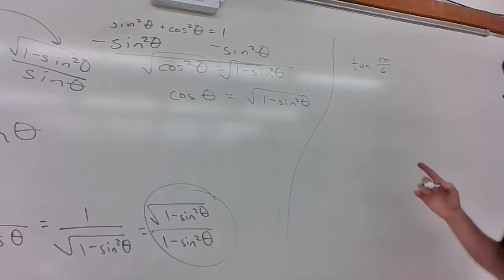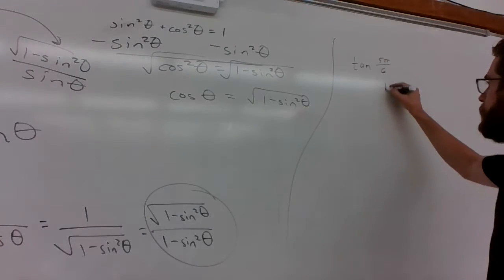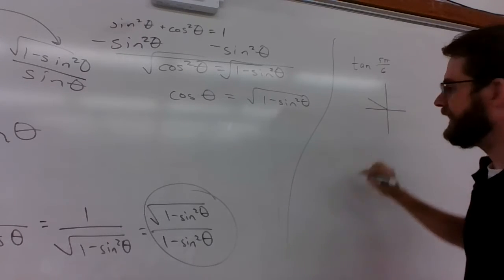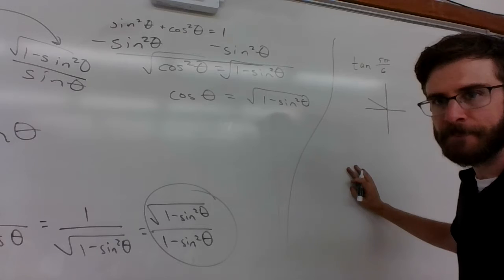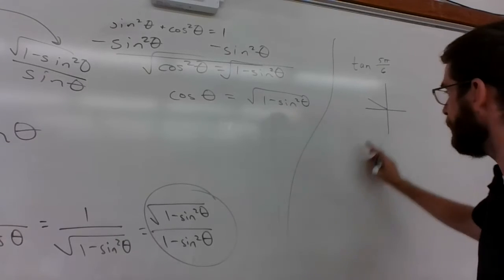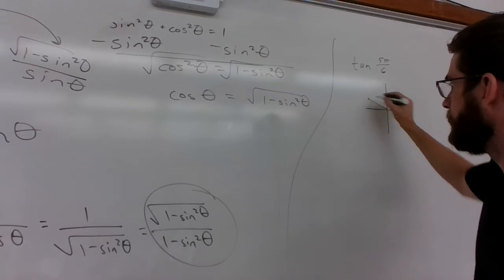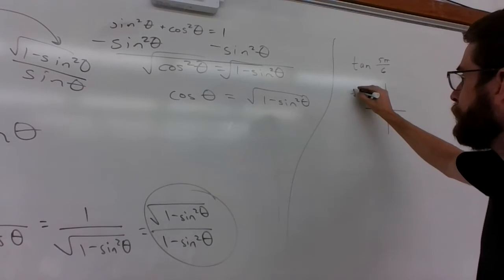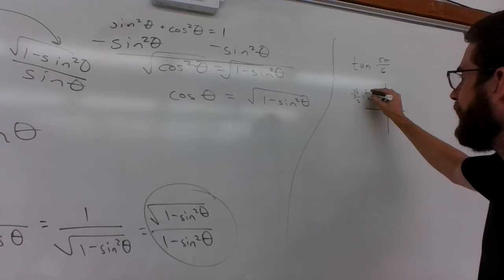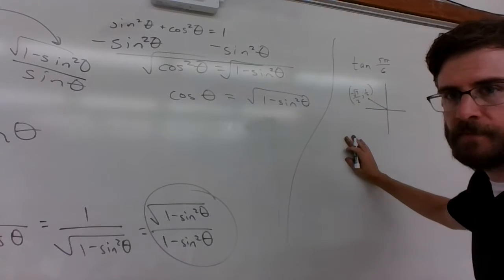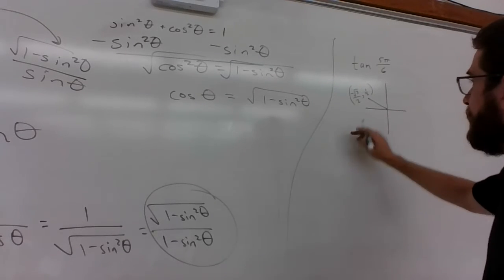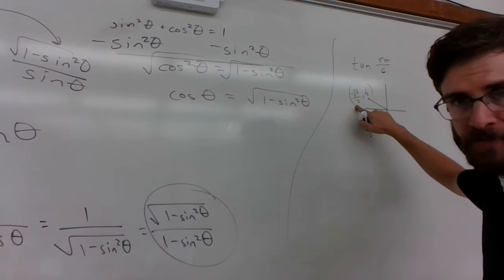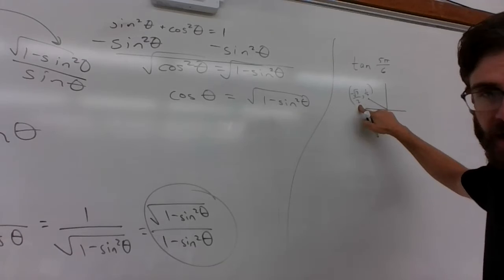What I want you to be able to show me is that you know that 5 pi over 6 lives in quadrant 2, that it has a 30-degree reference angle, and that it corresponds to the unit circle value negative root 3 over 2, 1/2. And that tangent is the y-coordinate divided by the x-coordinate, because it's sine over cosine.